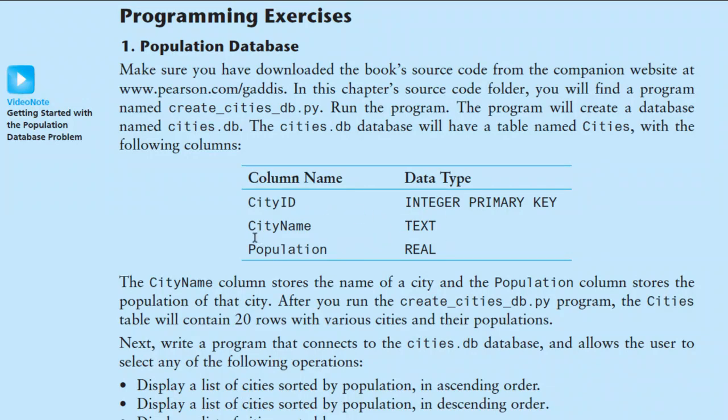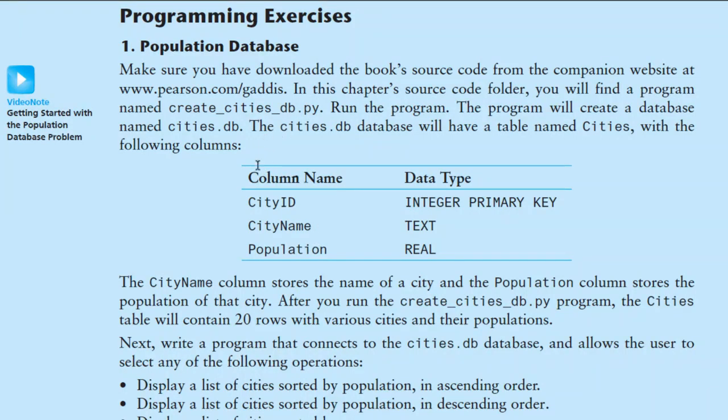The second column is named city name, and that's a text column that's going to hold the name of a city. And then the third column is named population, and it is a real column. It holds a floating point number, which will be the population of the city.